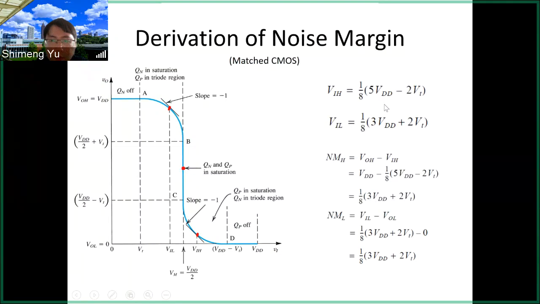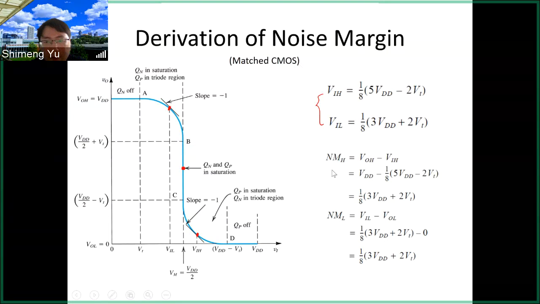So you can expect this VIH and VIL, one is above the half VDD by this distance, and the other is below the half VDD by the same distance. This is VIH and VIL in this matched condition.